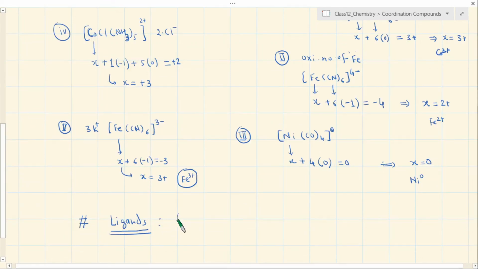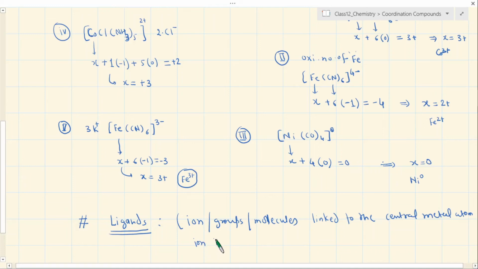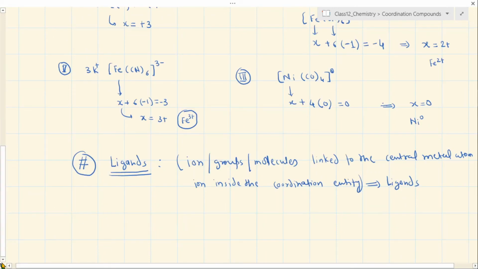So let me simply say this: ions or groups or molecules linked to the central metal atom or ion inside the coordination entity are referred to as ligands. So ligands are of different types.